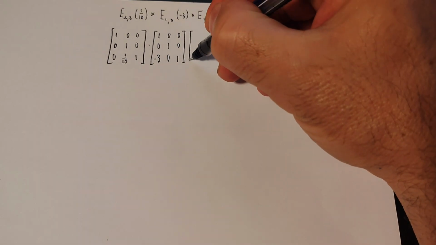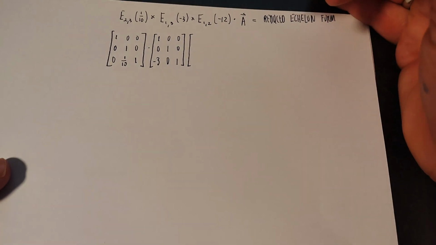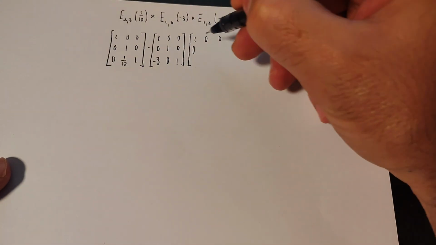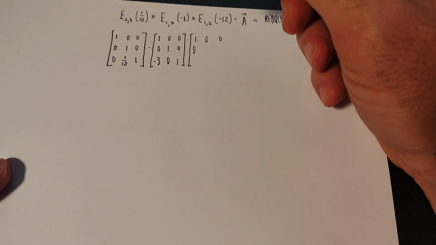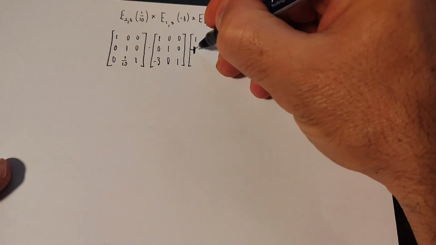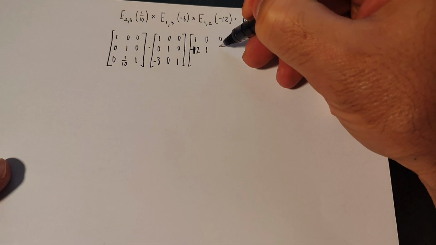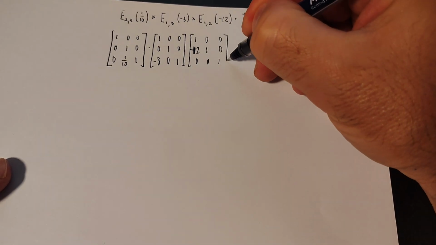And then we have negative 12 times row 1 added to row 2. All right, so it should be negative 12 because it's negative 12, 1, 0, 0, 0, 1. A lot of mistakes today.